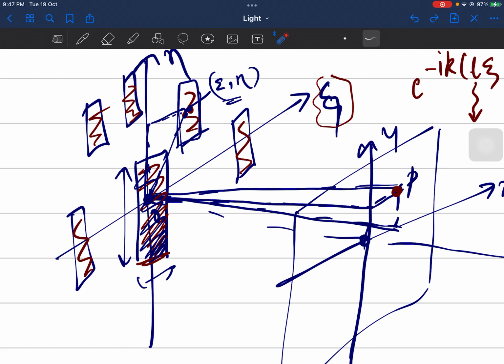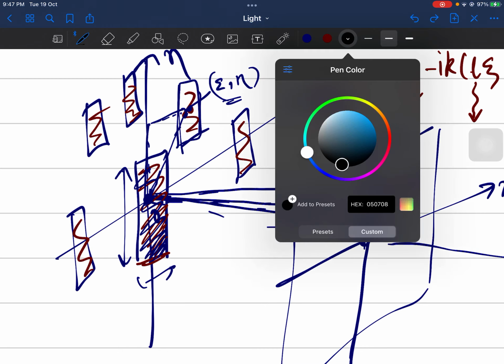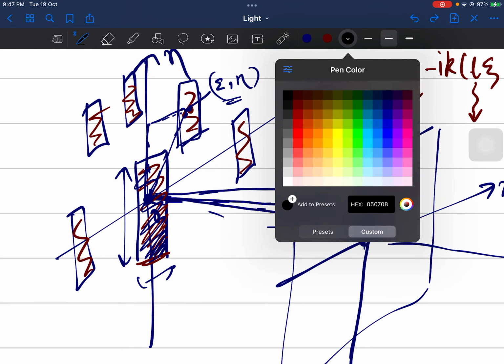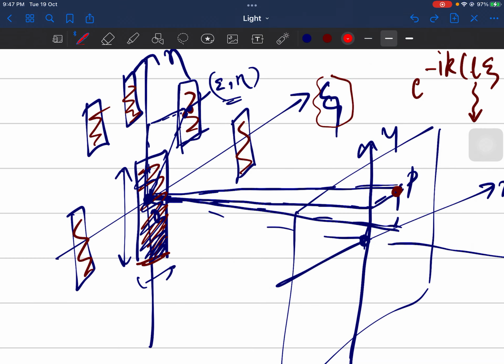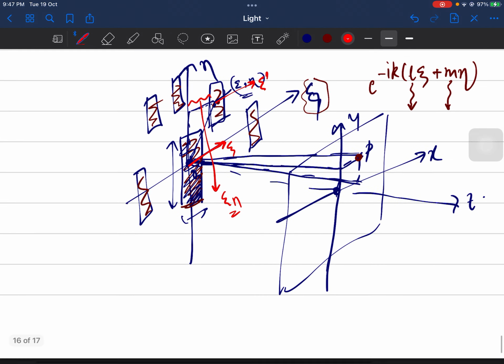This is xi prime. Let me take another color, perhaps something contrasting. Yep, bright red. Here there is xi, this is xi prime, and the distance between them is xi n, right?